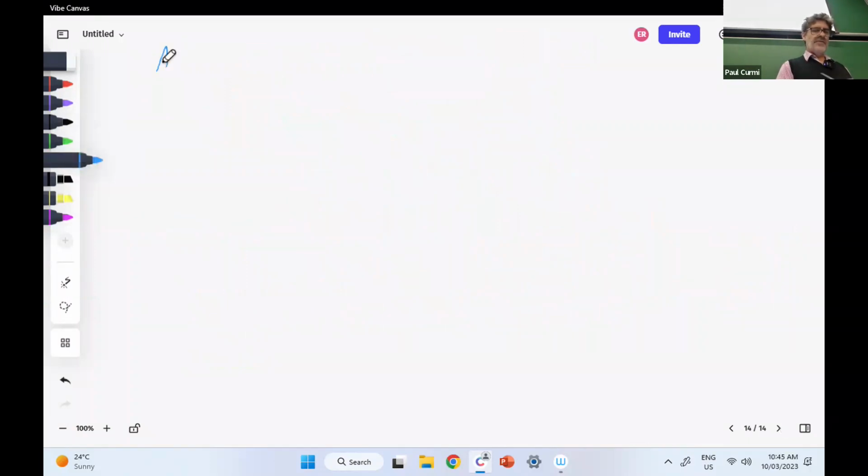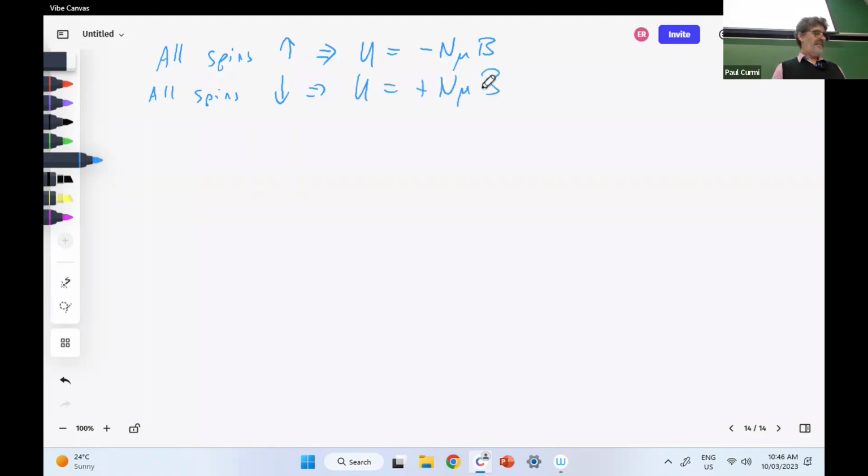So I can write that all spins up implies that total energy is minus n mu B. And all spins are down, anti-parallel to B, implies U equals plus n mu B. And for each of these, both have one microstate.